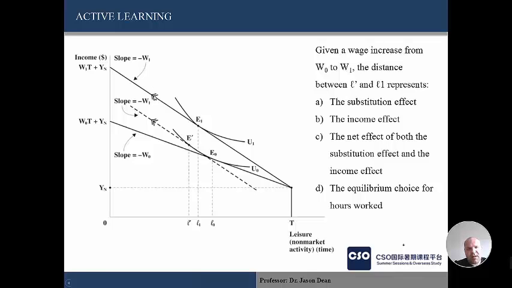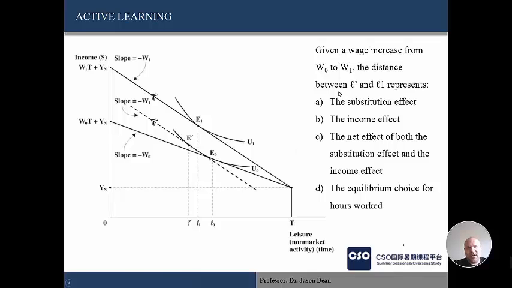These two lines are parallel, being tangent at this point, E prime. Comparing these two points, that's going to give us the substitution effect. Okay, we're holding income constant, but we're looking at changes in the wage. And so the substitution effect is from L0 to L prime.